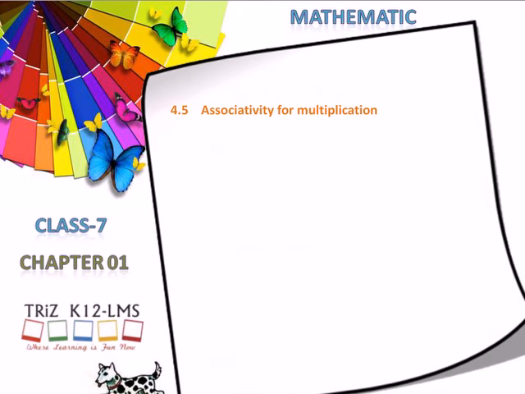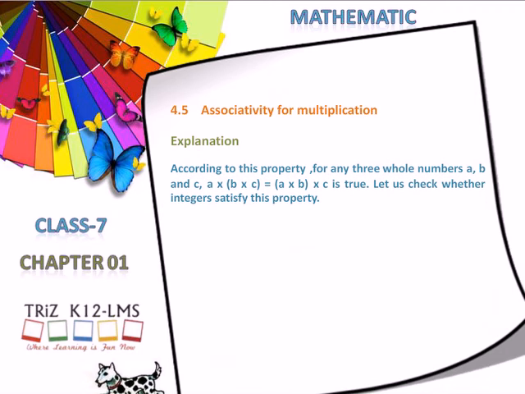4.5. Associativity for multiplication. Explanation: according to this property, for any three whole numbers a, b and c, a × (b × c) = (a × b) × c is true. Let us check whether integers satisfy this property.